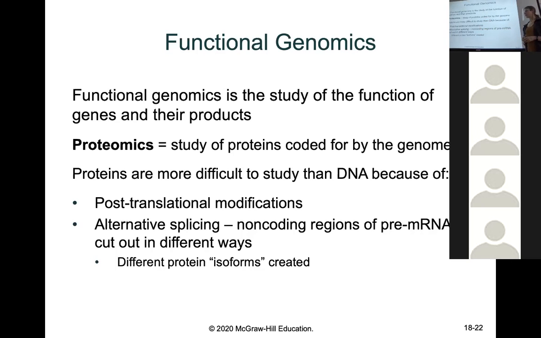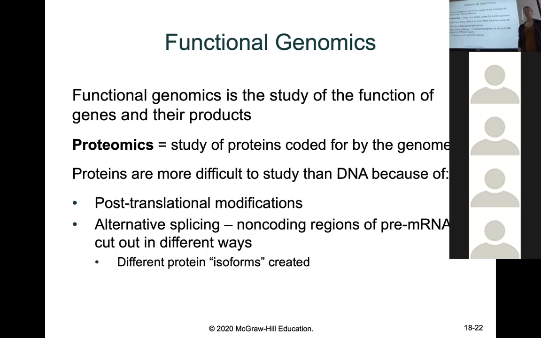There's also what we call isoforms of proteins, where those non-coding sequences, so we talked about the mRNA at the end of transcription, so backing up to transcription, a bunch of stuff is taken out of the pre-mRNA to get that final mature mRNA. That happens differently depending on the protein, and it might not change the function of the protein, but it's going to change the base pair sequence, which makes it a little bit more difficult to study proteins from that perspective as well.